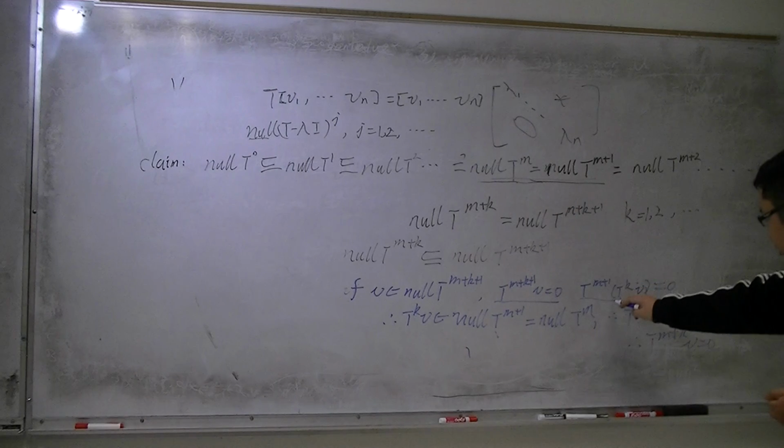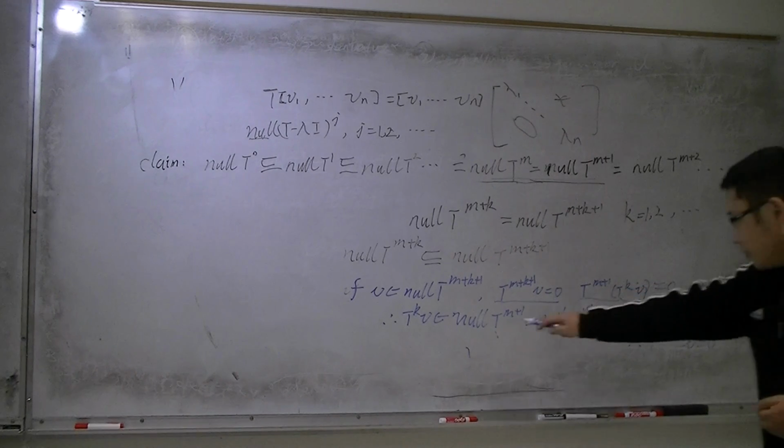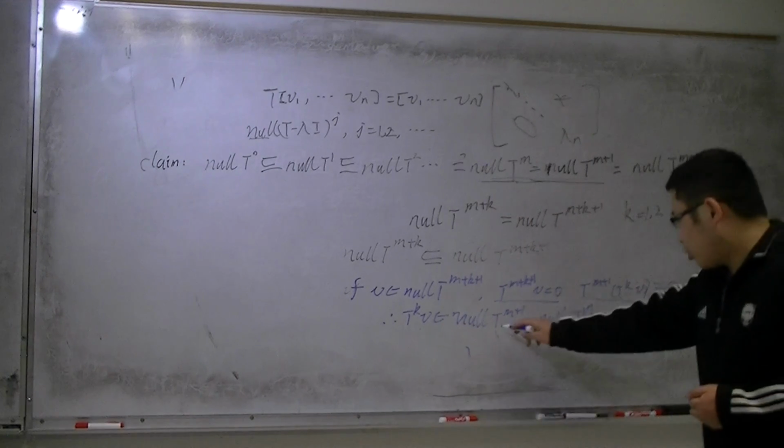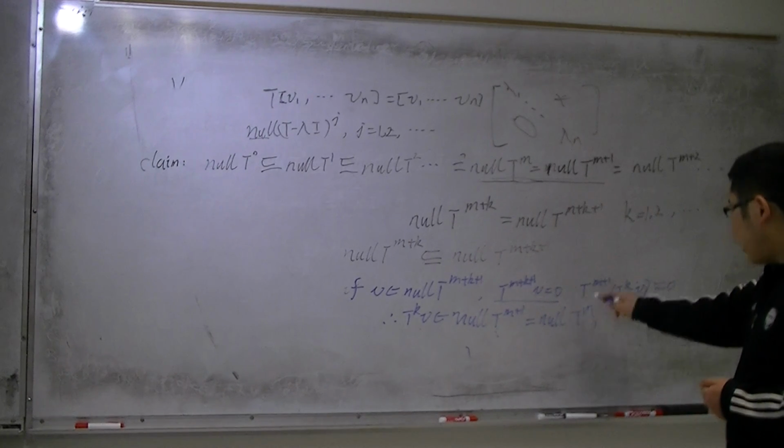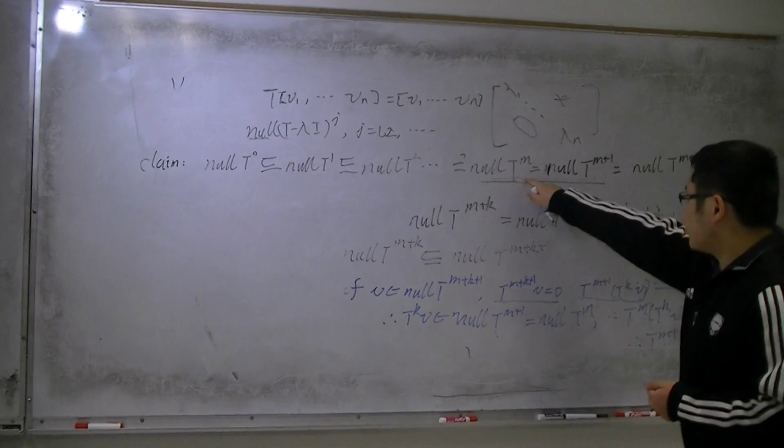So this one is in the null space of T^(m+k), which is this one, and because null T^(m+k) is equal to null T^m by these statements here, we are done.